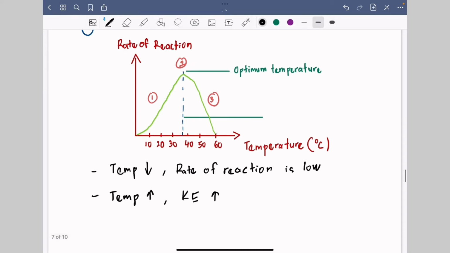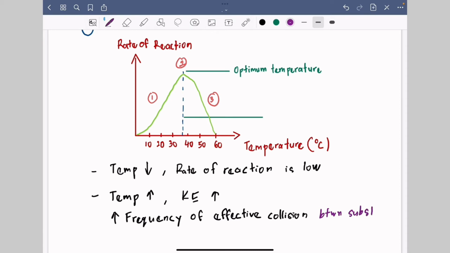This will lead to the increase of the frequency of effective collision between the substrate molecule and enzyme molecule.